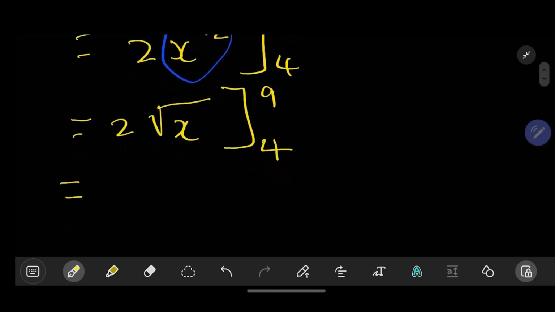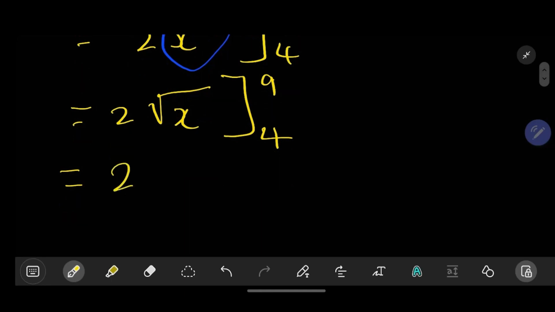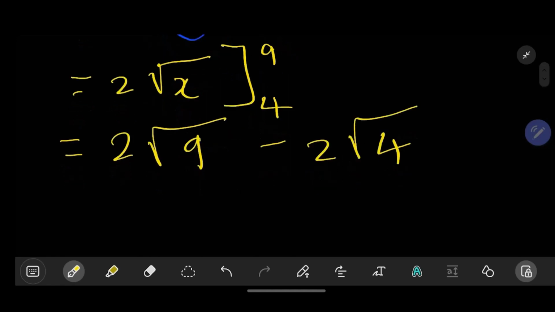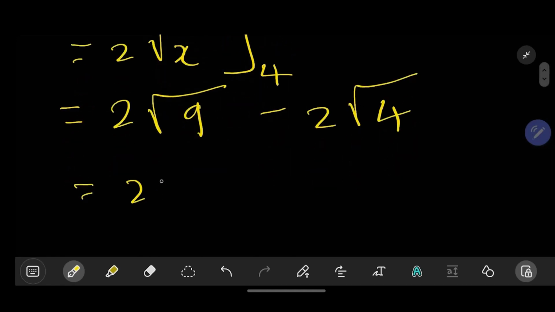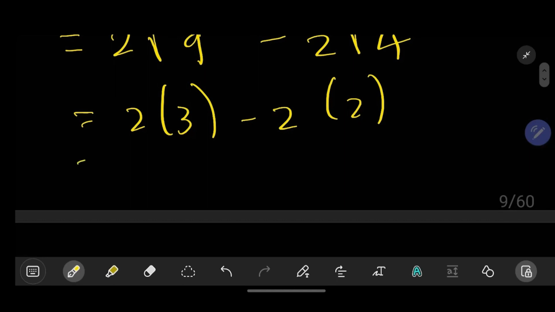So this is basically equal to 2 times the square root of 9 minus 2 times the square root of 4. The square root of 9 is 3 and the square root of 4 is 2. That gives you 6 minus 4, which is equal to 2.